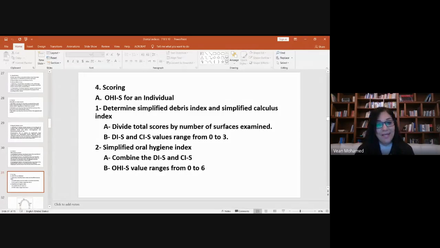Debris index and calculus index values range from 0 to 3. So the simplified oral hygiene index combines the debris index with the calculus index, so the value will range from 0 to 6, because the debris goes to 3 and the calculus goes to 3, and the summation of the two values will be from 0 to 6.